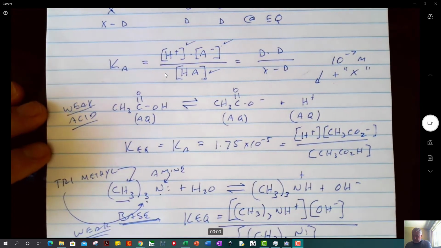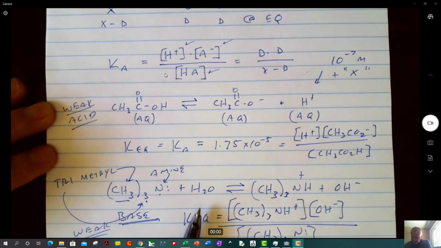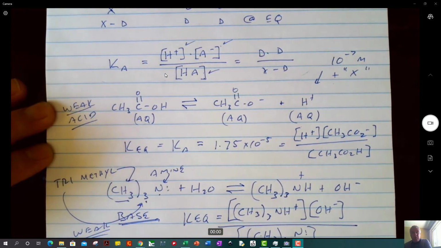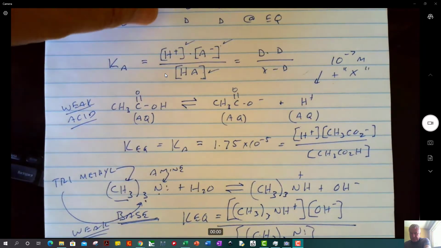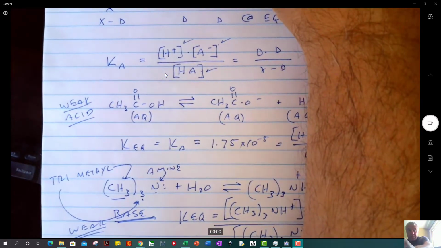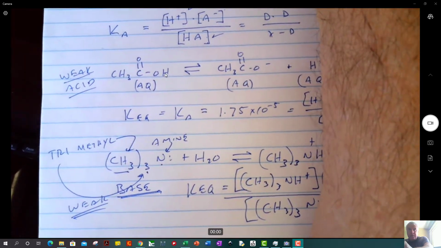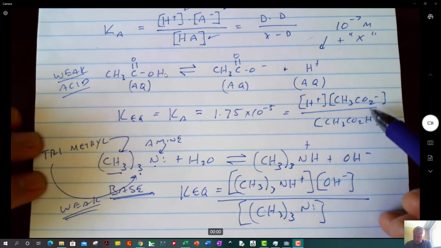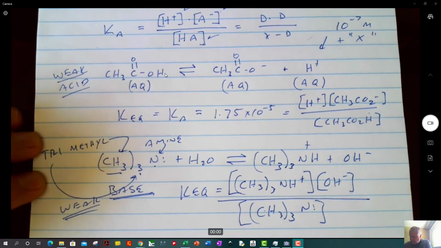Water is neglected because its concentration almost never changes, and that concentration is absorbed into KEQ, as it is in all of these aqueous equilibrium constant expressions, right? Actually, let me try to move my webcam just a little bit back here, sorry. And so here's the weak acid, weak base expression.